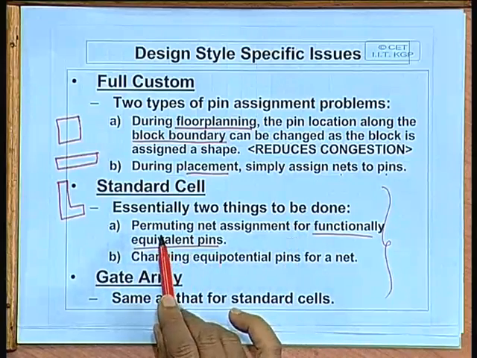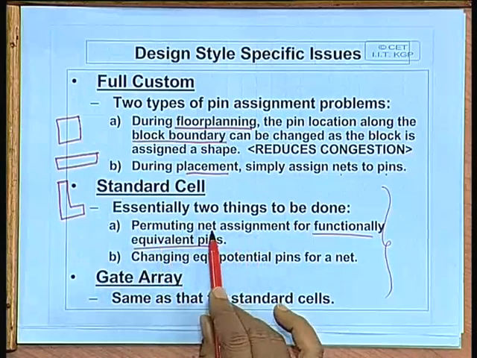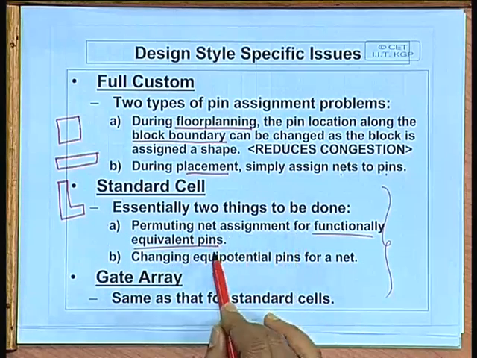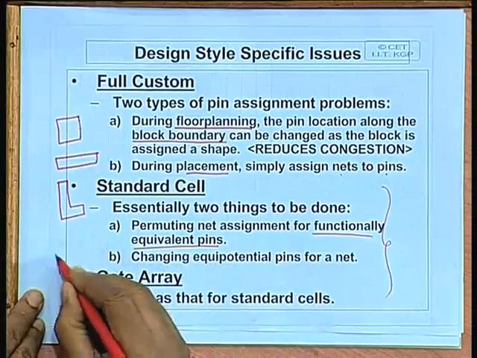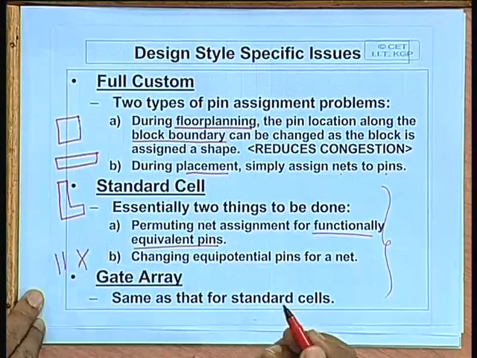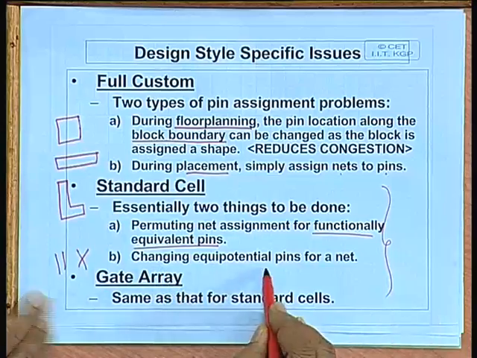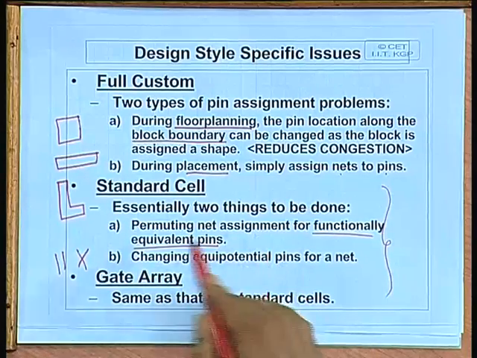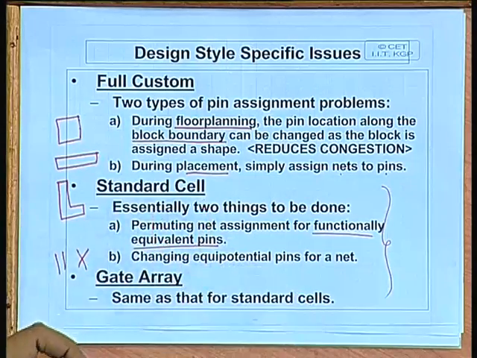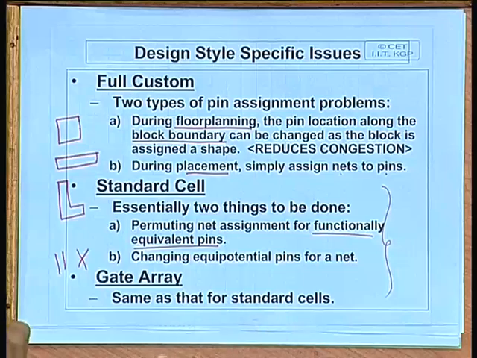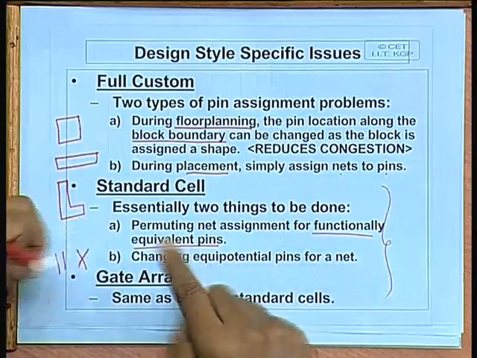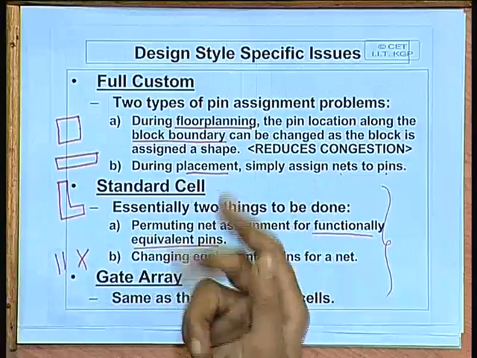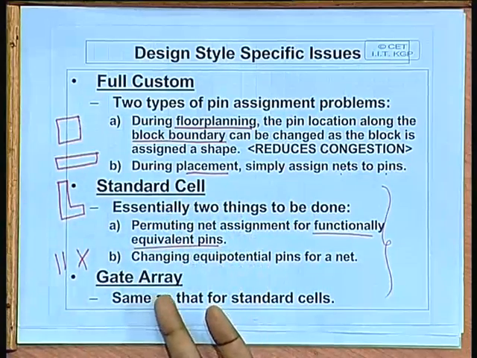So, you have the flexibility of permuting the assignment of the nets for the pins which are functionally equivalent, just whether you will be connecting like this or will be connecting like this. Changing equipotential pins, this is another flexibility. So, for the standard cell you do not have any flexibility of changing the position of the pins, just for the equipotential or the functional equivalent pins you can play around with it. Similar is the case for gate array, right.